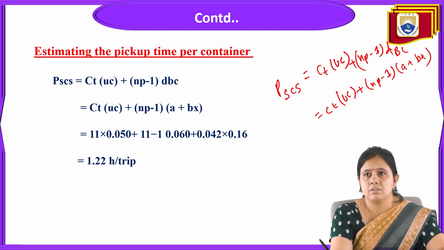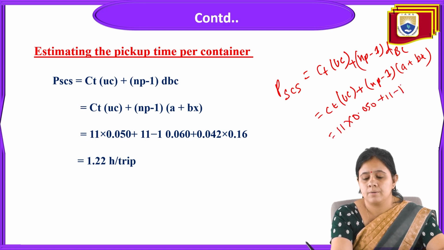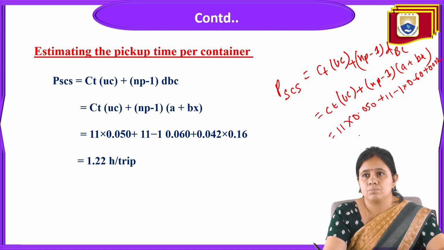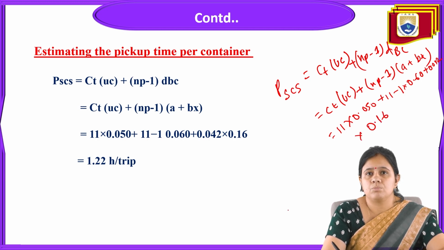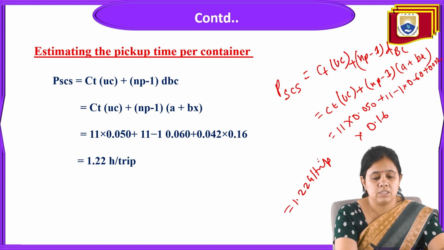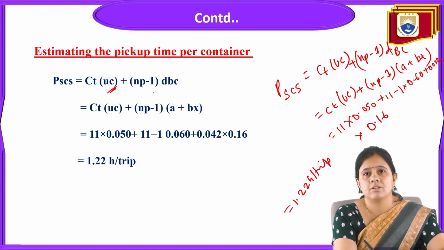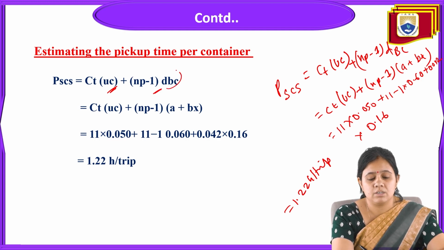That is 11 into UC plus 11 minus 1 into 0.60 plus 0.042 into 0.16, which is equal to 1.22 hours per trip.